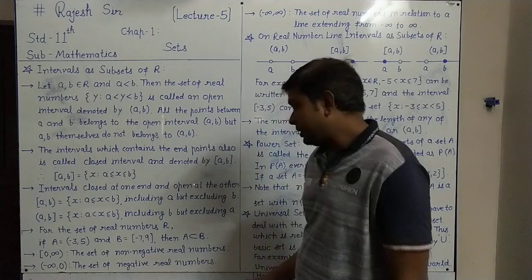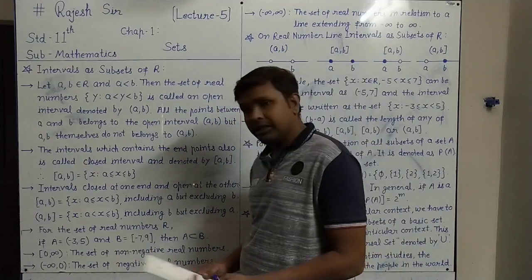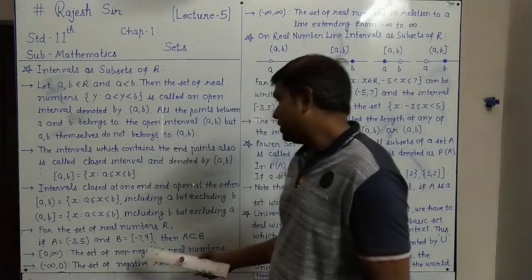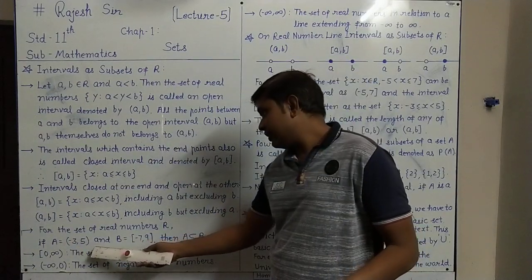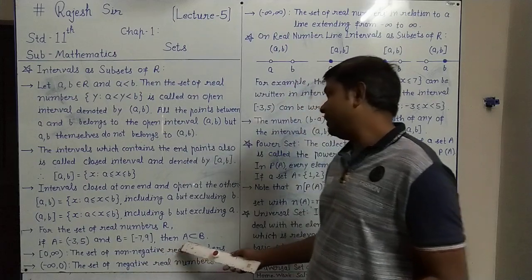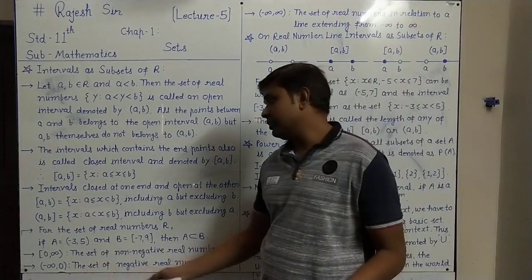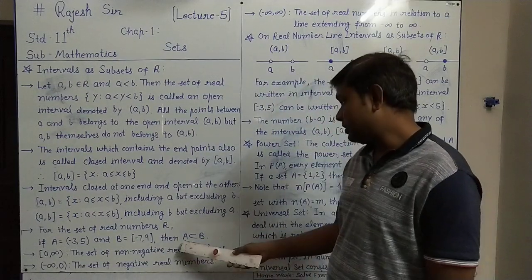So as you can understand, in this interval minus 7 to 9, the interval minus 3 to 5 also comes. So here all the elements of A are in B, so you can say A is a subset of B in set form, right? In interval form, the set is denoted A subset B.